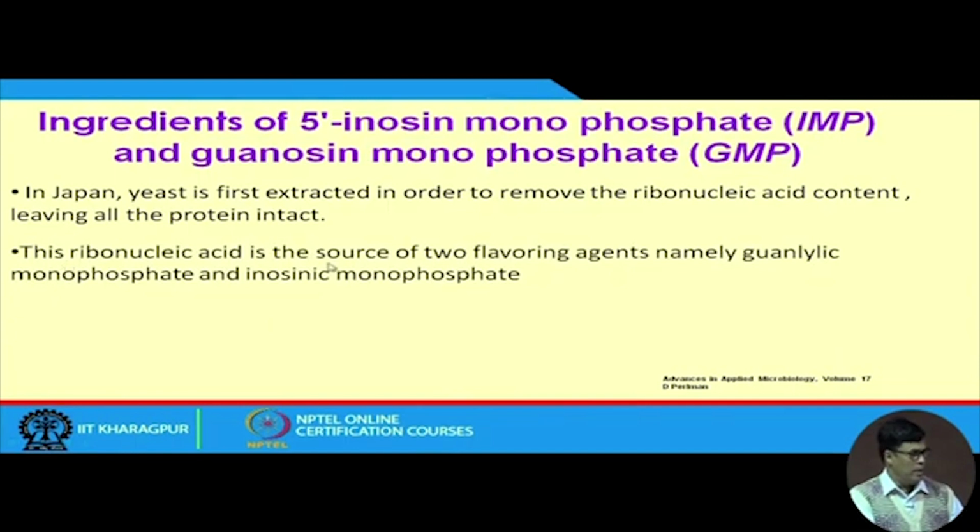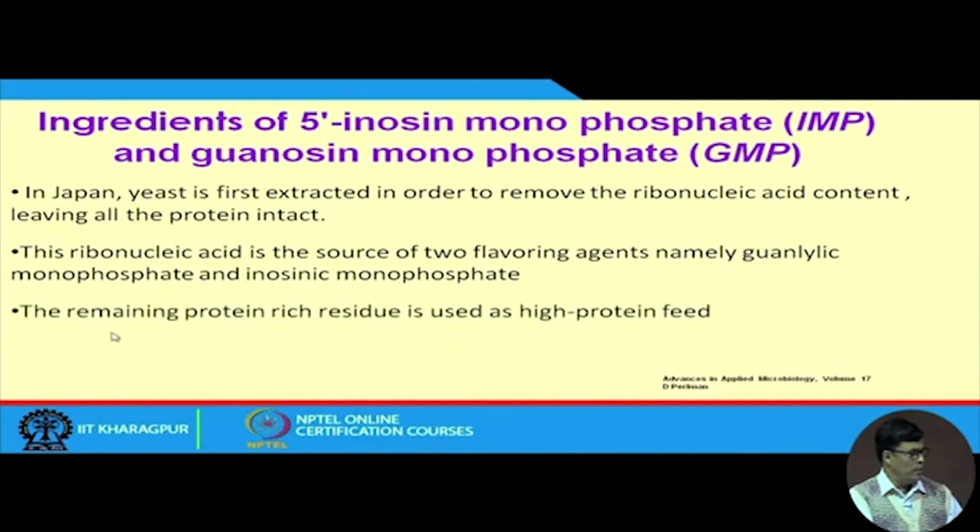This ribonucleic acid is the source of two flavoring agents, namely guanylic monophosphate and inosinic monophosphate. The remaining protein-rich residue is used as a high protein feed. This makes the fodder yeast much more cost effective.